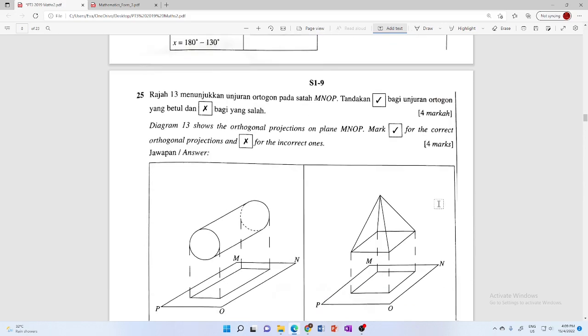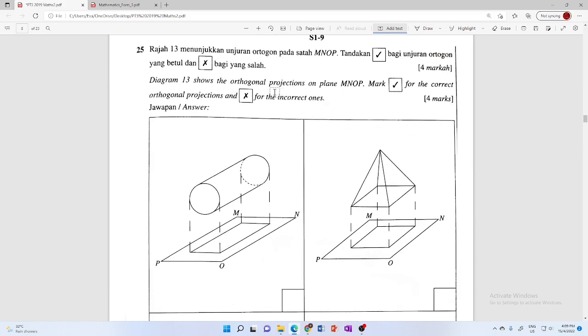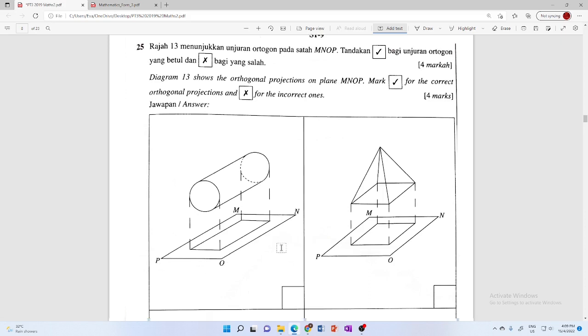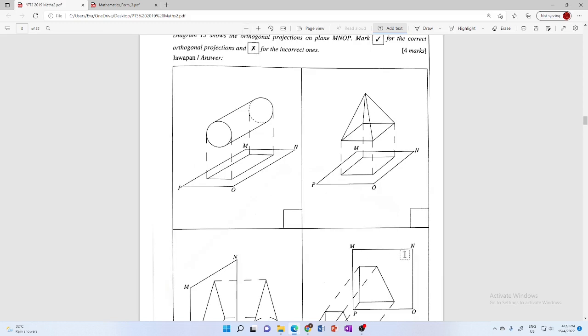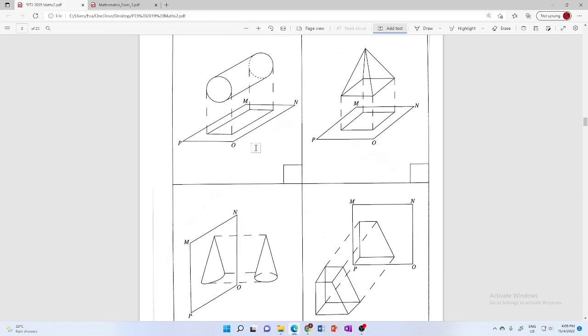Question 25. Need to find out the orthogonal projections on plane M and OP. Okay, for the first, this is correct.